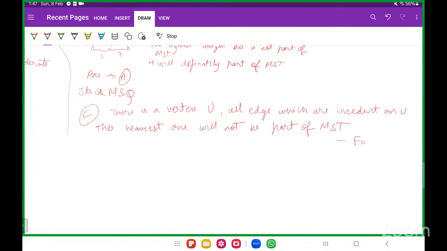I'll tell you an example. If you take a simple graph, a triangle, on the vertex B, the heaviest edge which is incident on it has value 2. But here 2 is a part of the MST.